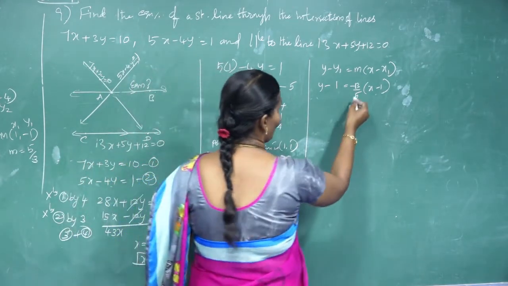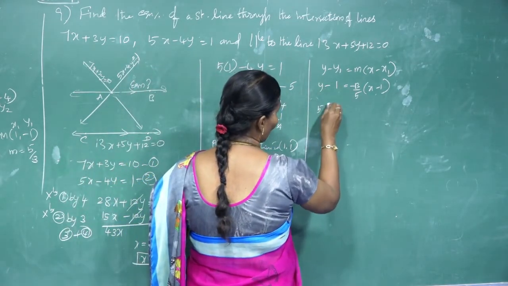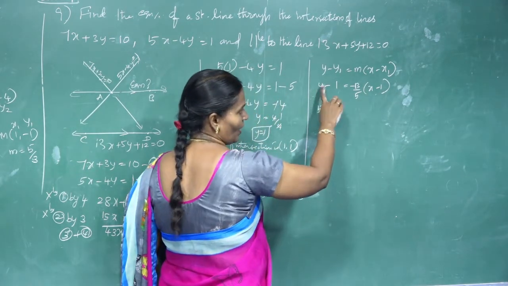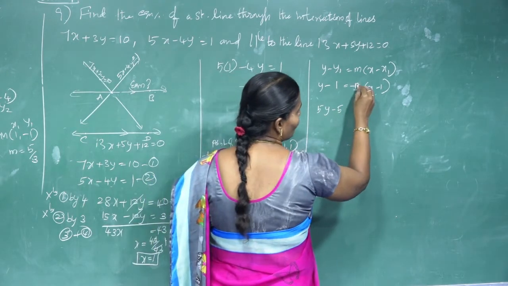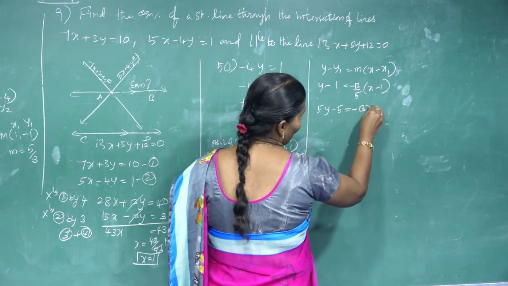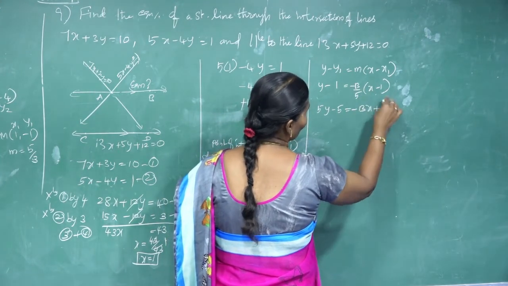Understood, children? Now this 5, do the cross multiply: 5y minus 5 is equal to minus 13 times x minus 1, which is minus 13x plus 13.